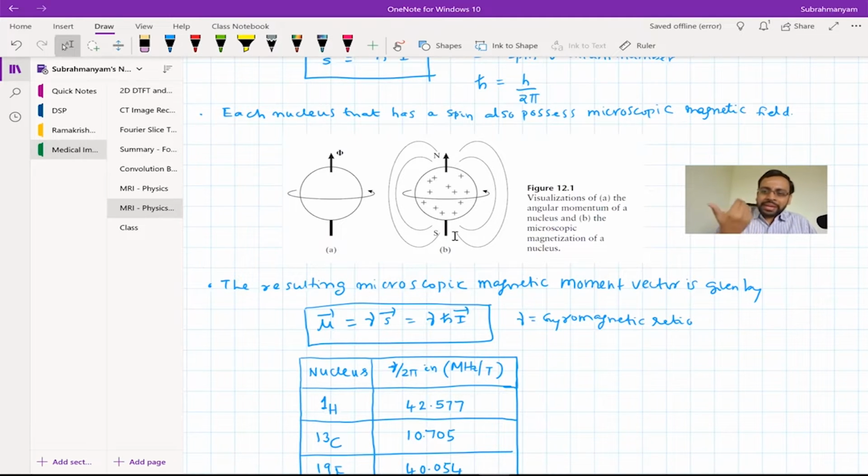So the net magnetic field is zero. In other words, at the microscopic level, at the atomic level, there is magnetism. But when you see at the macroscopic level, its magnetic field is essentially zero. That's what is going to happen here.